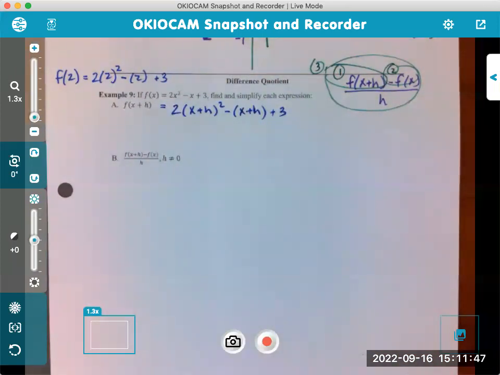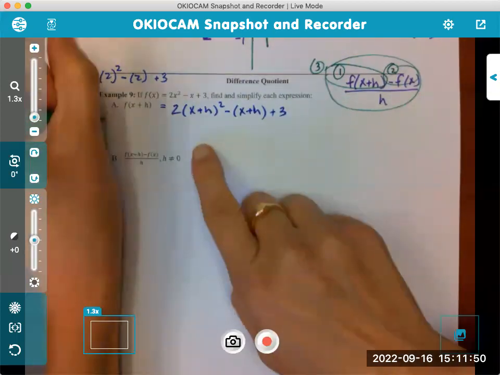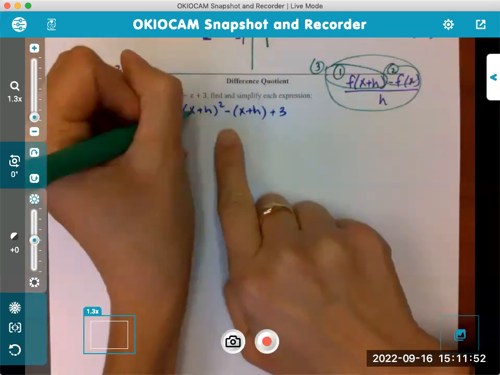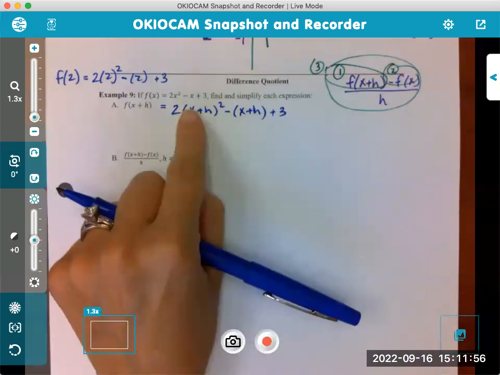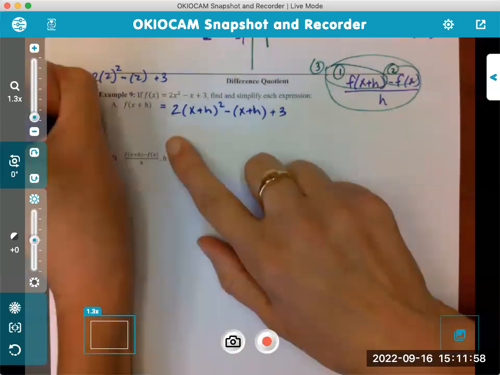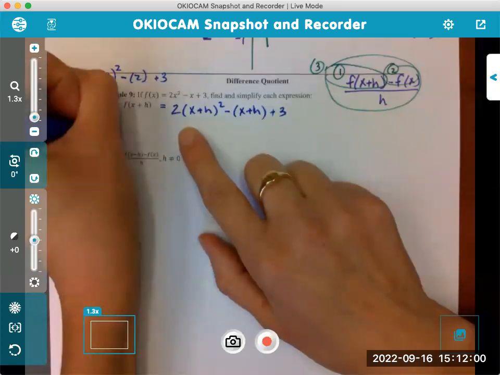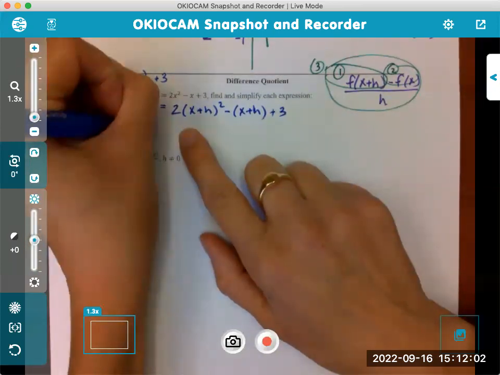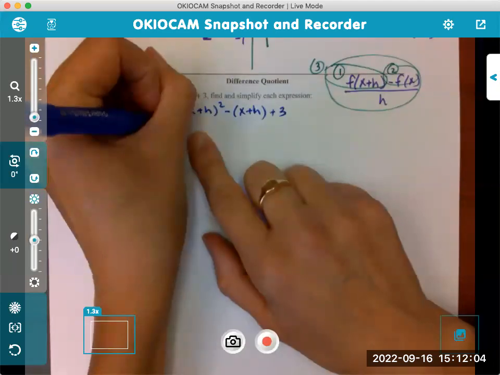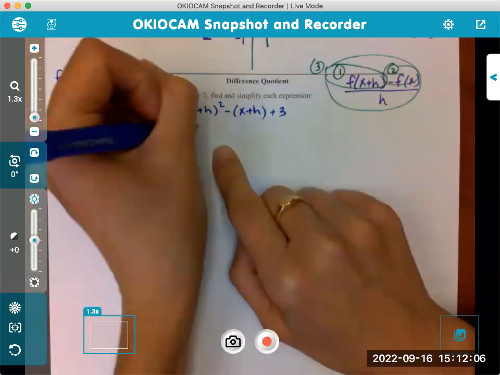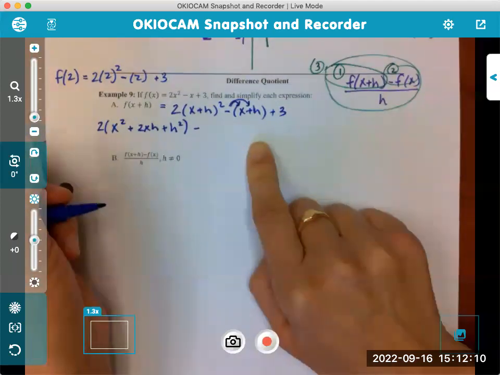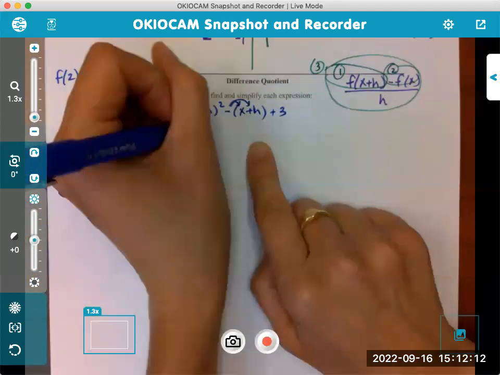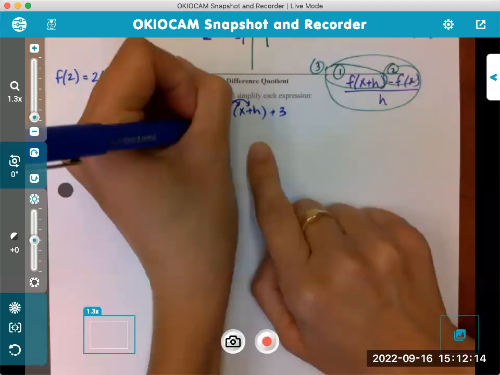If you didn't have the parentheses, you may not recognize that you need to distribute, AKA FOIL out, the x plus h squared. So we see that this is 2 times x squared plus 2xh plus h squared, minus, notice that this negative has to get distributed to both the negative x and the h, right?